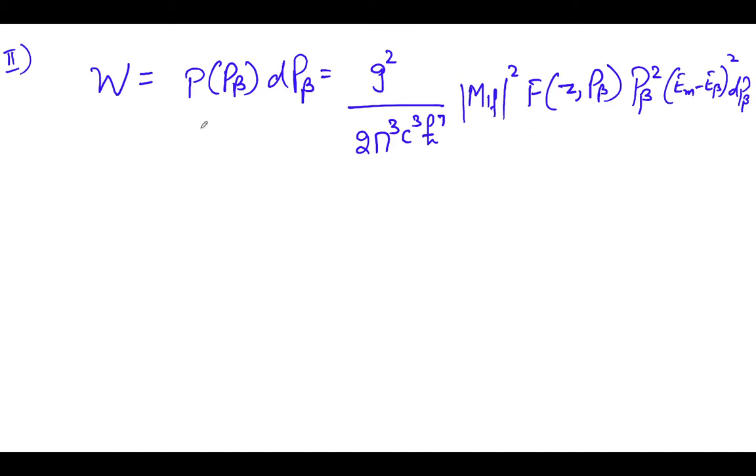Once we find the rate of change of momentum of this beta particle, which is dependent upon the matrix element, the Fermi function, and the momentum of the beta particle, that is generally the expression of density of states. From that we can calculate the number of beta particles emitted per second in a particular momentum range, which varies from p beta to p beta plus delta p beta.